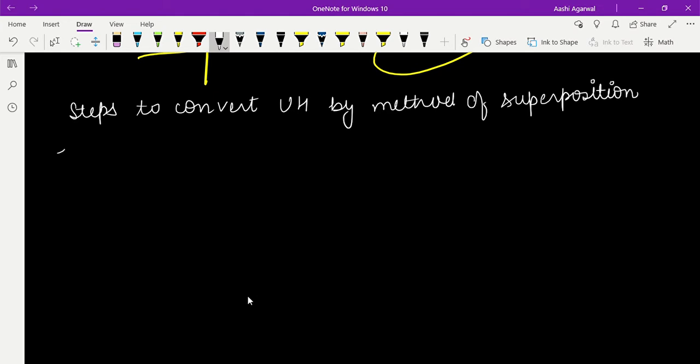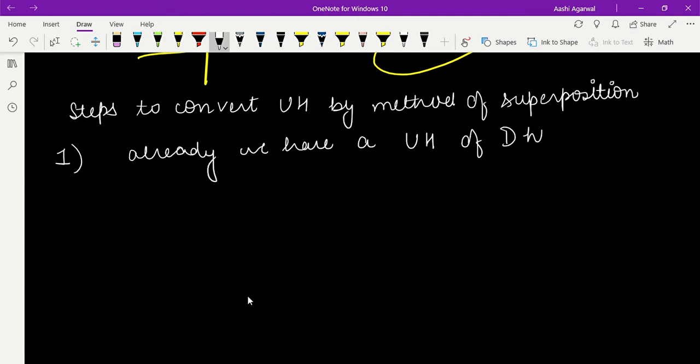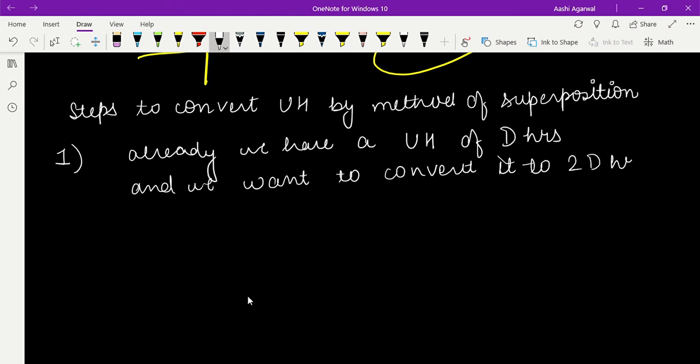First, we already have a unit hydrograph of d hours and I want to convert it to a 2d-hour unit hydrograph.